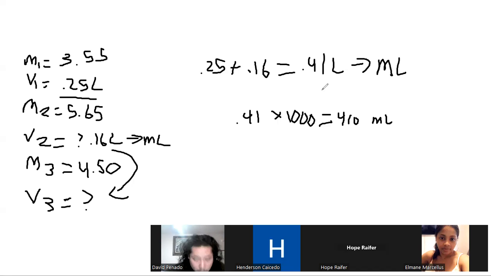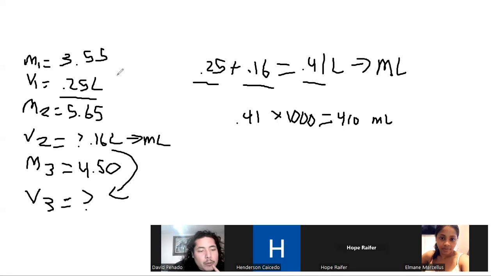I got 0.401. 0.25 plus 0.16, I got 0.41. Oh, I didn't round. And there's no rounding, it's straightforward. Where did you get the 0.16 from?